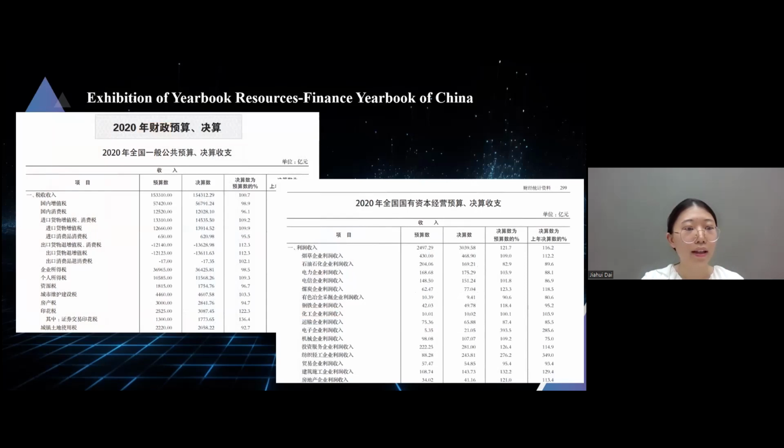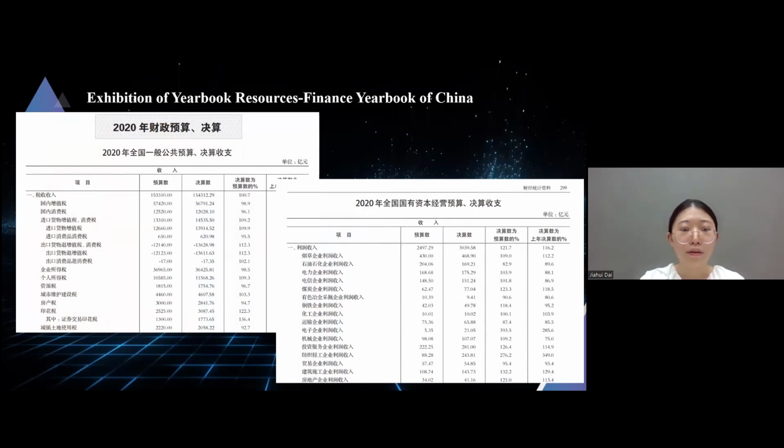The table on the left shows the revenue and expenditure of national general public budgets and final accounts in 2020, in which the tax revenue item includes domestic value-added tax, domestic consumption tax, value-added tax and consumption tax on imported goods, and enterprise income tax.